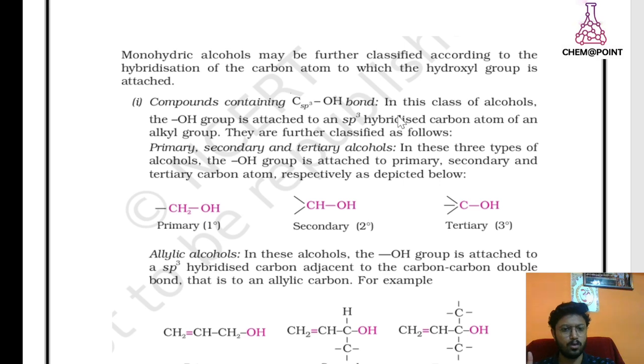If one hydroxyl group is attached to a carbon atom and it has 2 hydrogens, it is primary. If one OH group is attached to a carbon atom that is directly attached to one hydrogen, it is secondary. If the OH group is attached to a carbon atom that has no hydrogen, and the three other bonds are alkyl groups, it is a tertiary alcohol. This is the first way.